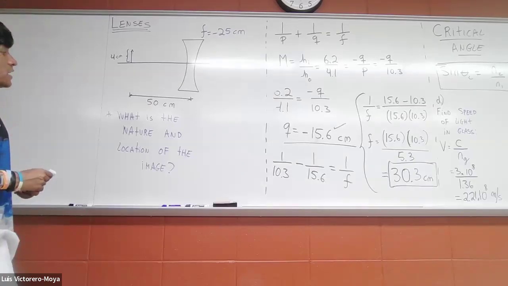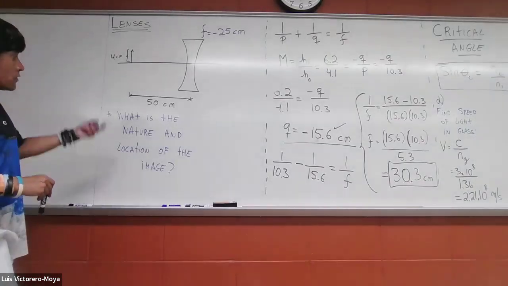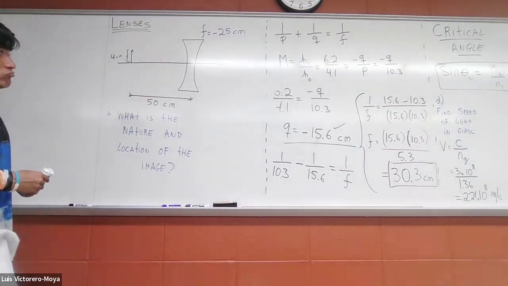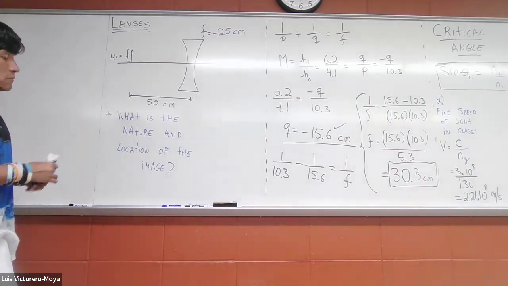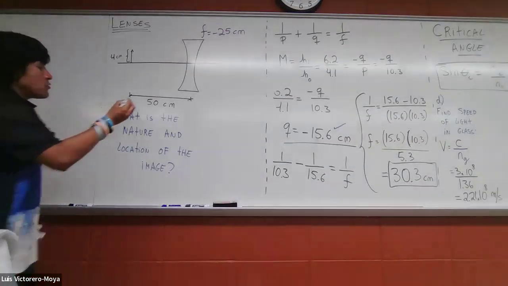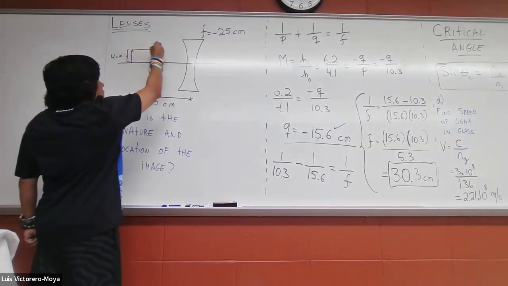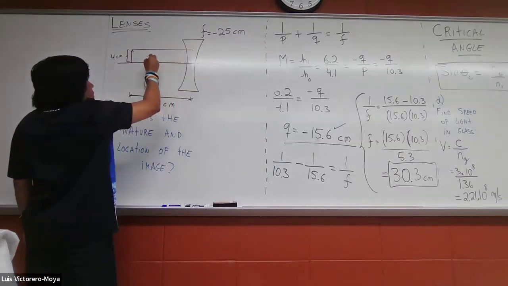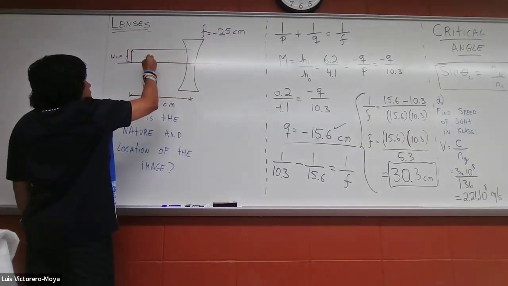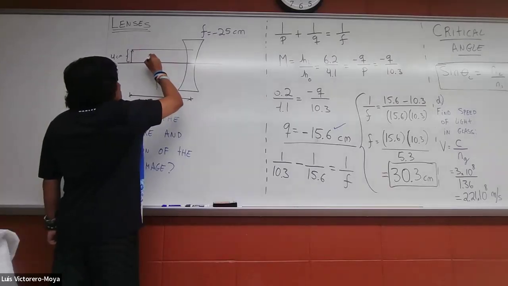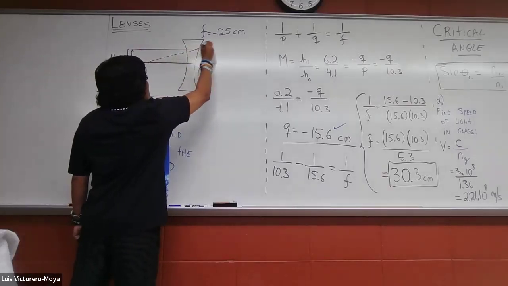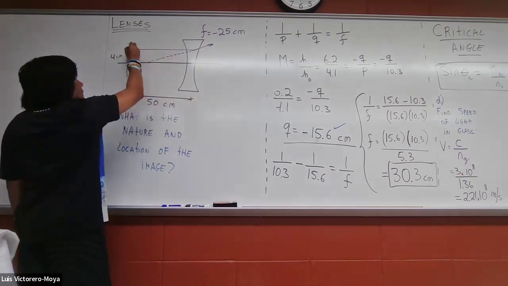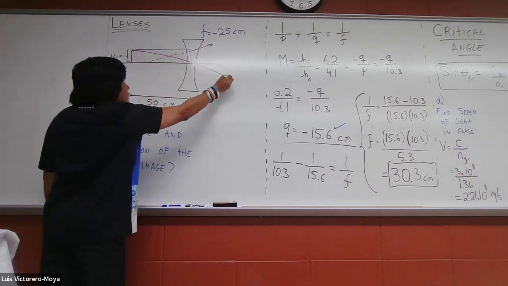Well, guys, it's a diverging lens. So it's going to be a virtual image. Upright. Right? I mean, if I do the ray tracing, focal length should be around here. Like that. And like that.